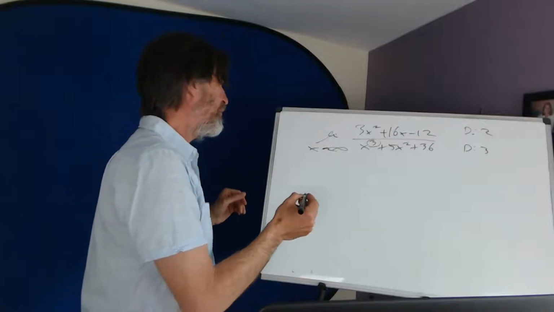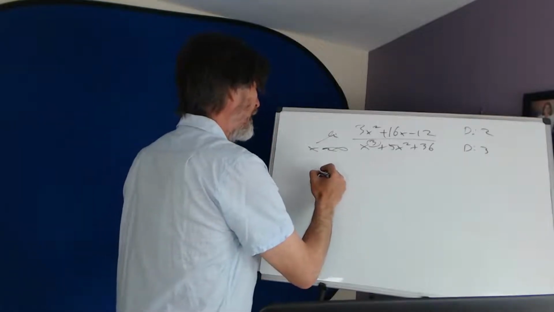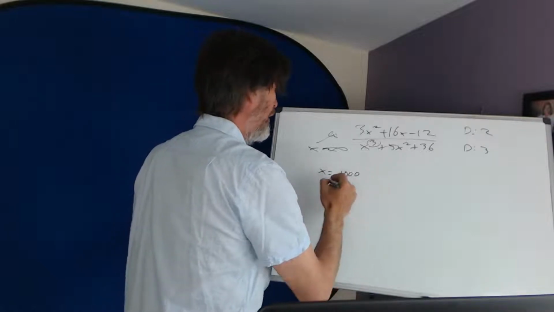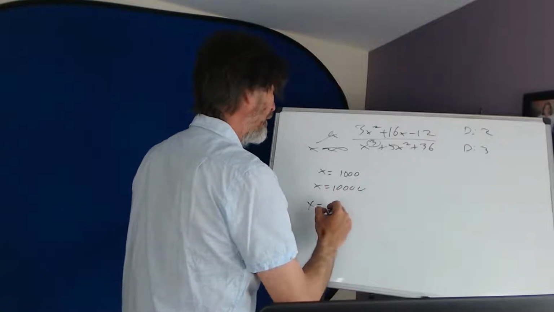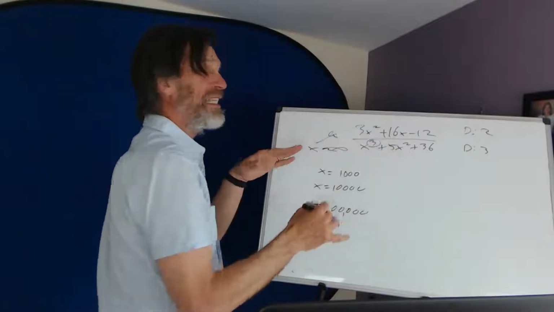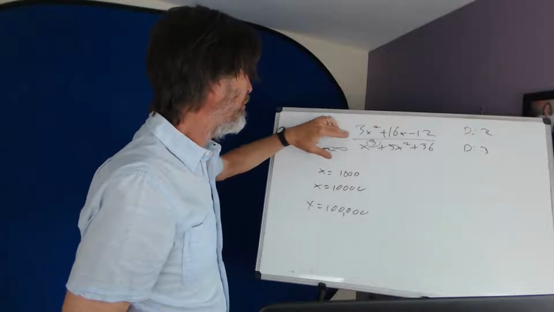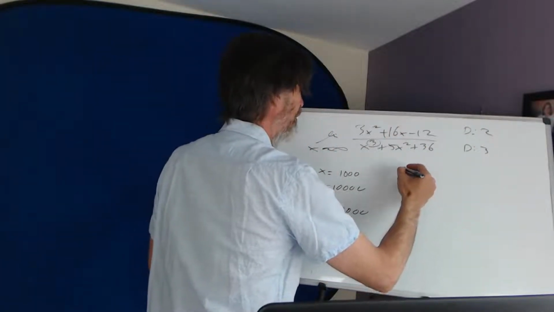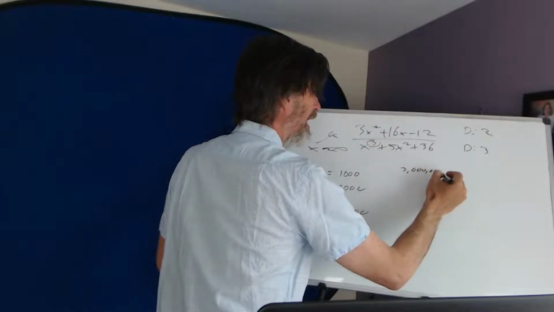So I'm going to put in just a few values, and I'm going to round them a little bit. I'll start with x equal to 1,000, then x equal to 10,000, and then x equal to 100,000, and show you approximately how these go. If I put 1,000 in here, the numerator will be virtually 3 million, not exactly, but close.